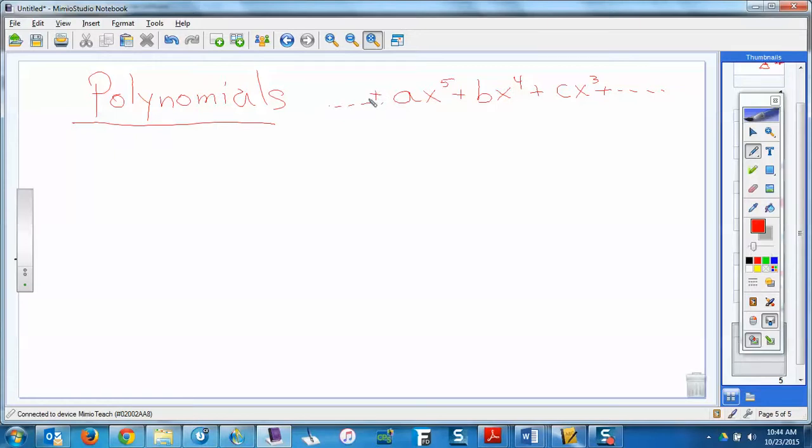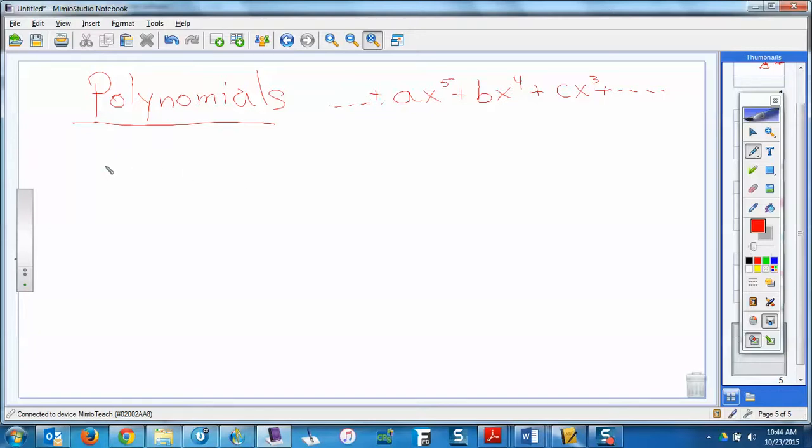In other words, nice whole number powers, 5s and 4s, no fractions. I mean, the a's and b's could be fractions, but no fraction powers, no dividing, no x's on the bottom, no negative powers. Those are polynomials. You've worked with them forever. Algebra 1, Algebra 2, right? Quadratics, cubics, linear, those are the most common that we look at.